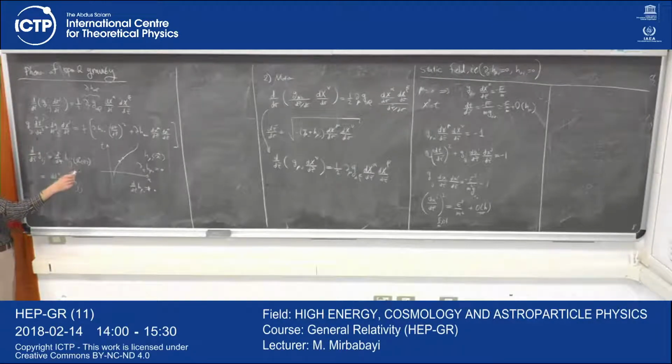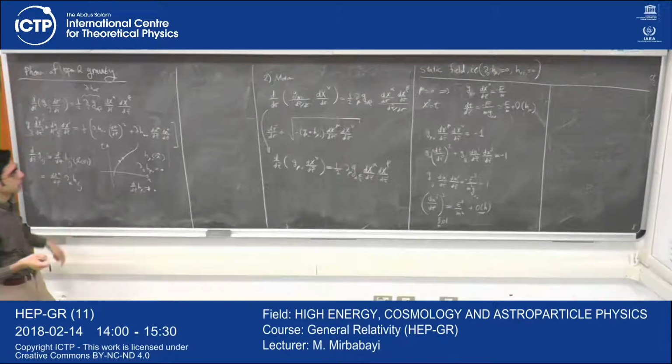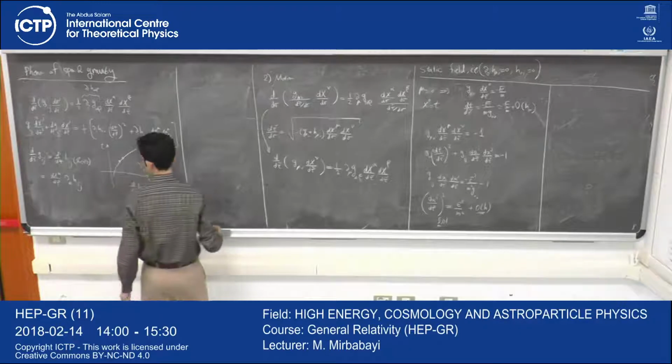If h_ij or h_mu_nu was 0, then the second derivative of x with respect to tau would be 0. There would be no acceleration. So here, this g_ij can be set equal to delta_ij or eta_ij. So I can ignore h in this first term because it's already proportional to the acceleration.